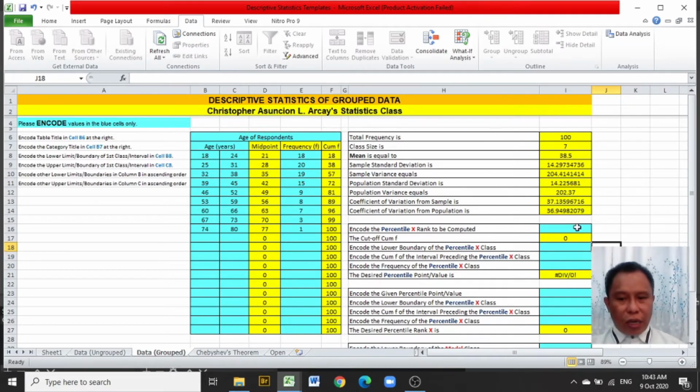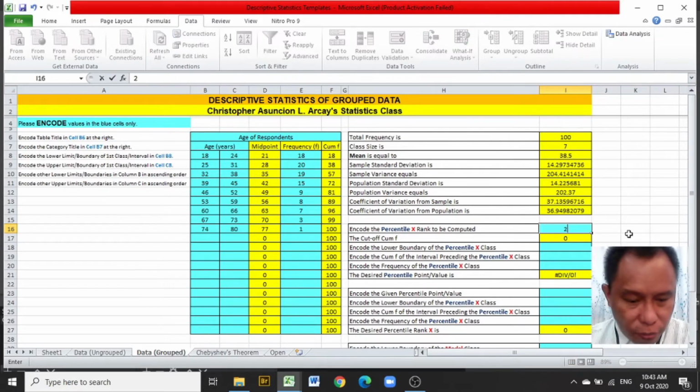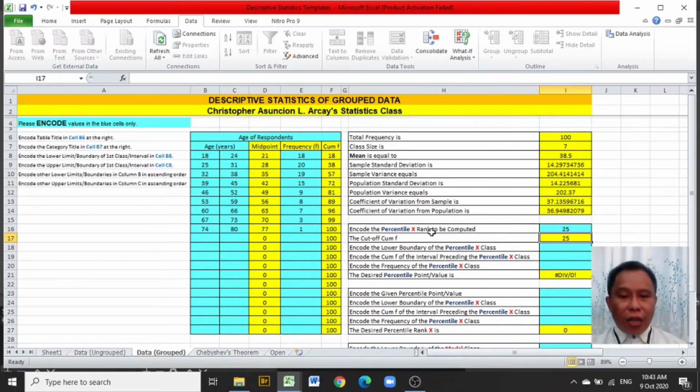Then encode percentile 25 for quartile 1. The cutoff cumulative frequency is also 25 since there are 100 values in this data set. So find under the cumulative frequency column where the 25th value from below is located.